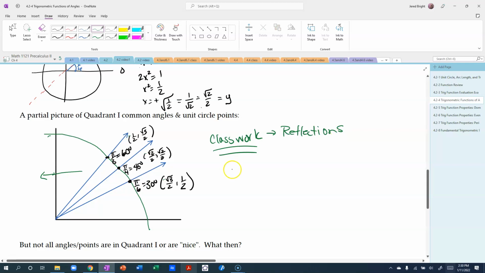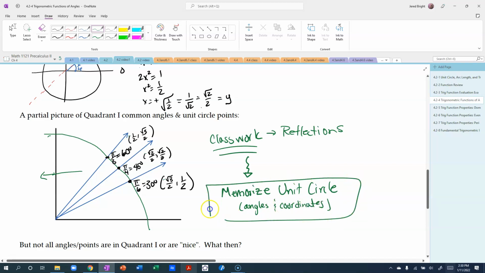But once we get this whole thing complete, I don't like the word memorize, but I think in this case it will benefit you immensely. So I'm going to say memorize the unit circle. That is angles and coordinates. That will help you immensely.